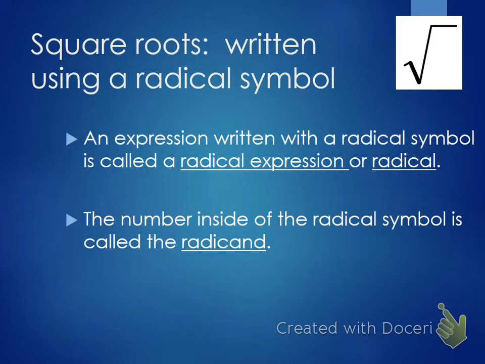An expression written with a radical symbol is called a radical expression or radical. Sometimes we also refer to these as taking the square root. The number inside of the radical symbol is called the radicand.